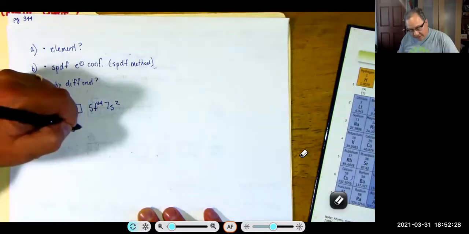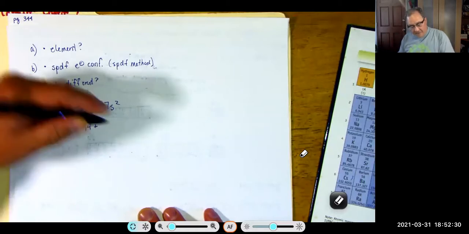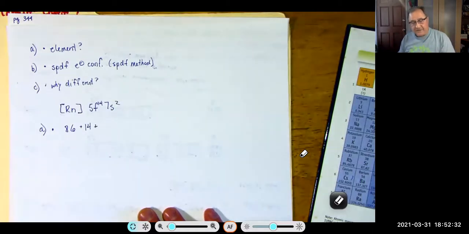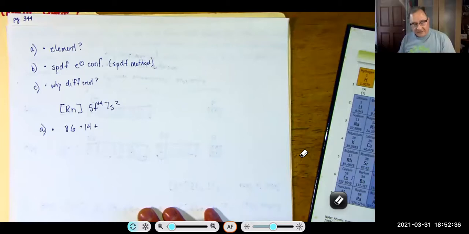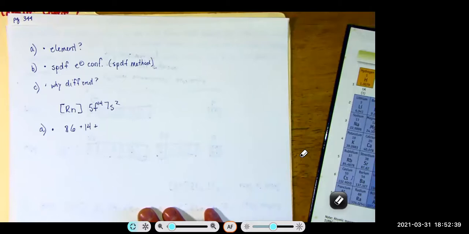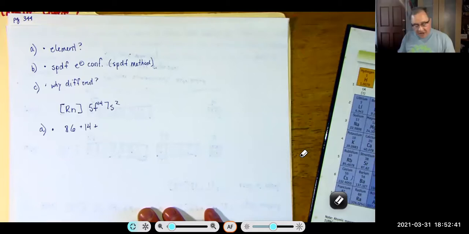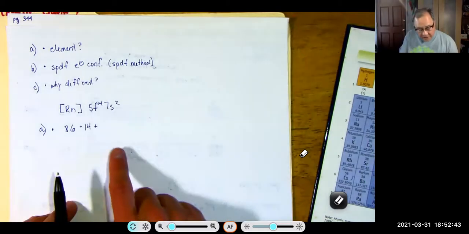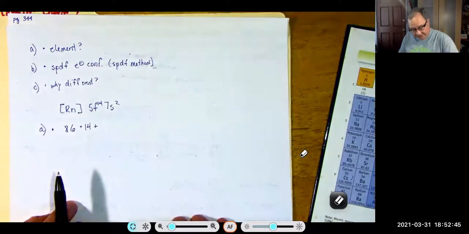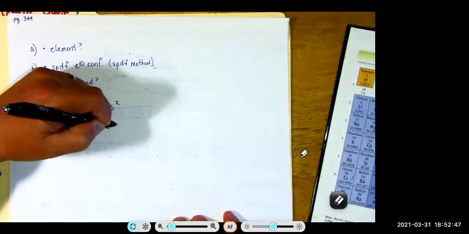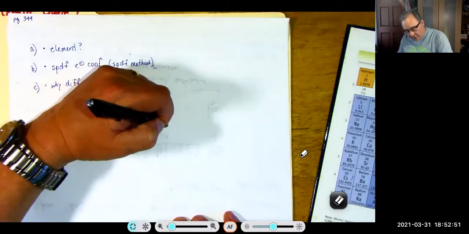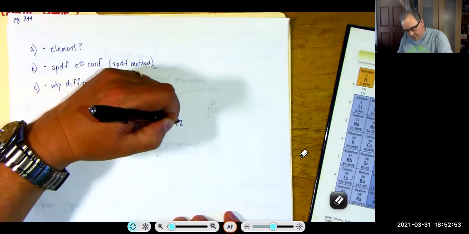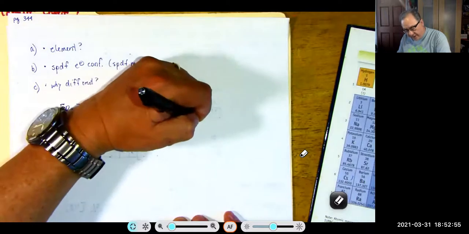Okay, so it adds up to 102, so it's nobelium. I just want you to be sure that you know that this number up top is the number of electrons. So this adds up to 102, so that means the atomic number is 102, which means it's nobelium.